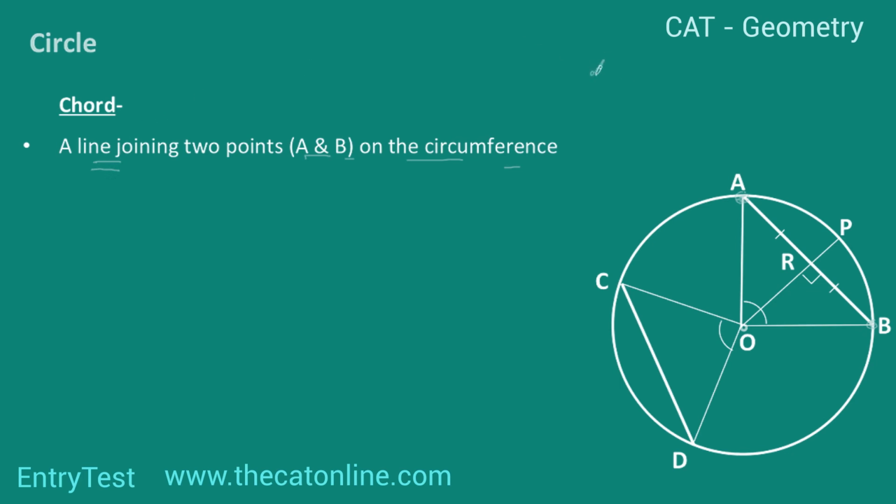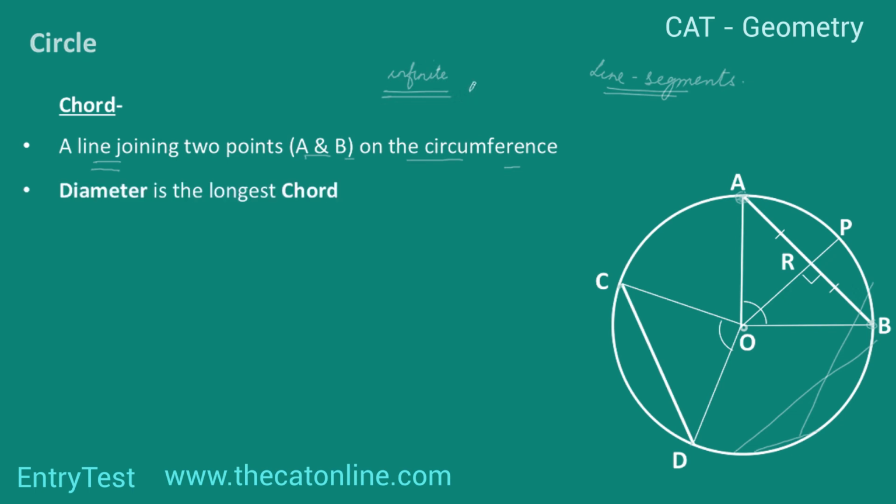A chord can be referred to as a line segment, since both the end points fall on the circumference of the circle. I will have an infinite number of chords in the circle. You randomly join any 2 points on the circumference of the circle, and what you get is a chord. So there are an infinite number of chords possible for a given circle, with the diameter being the longest chord.